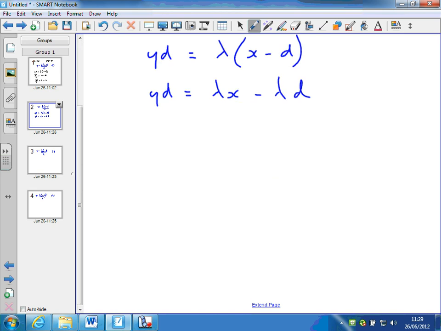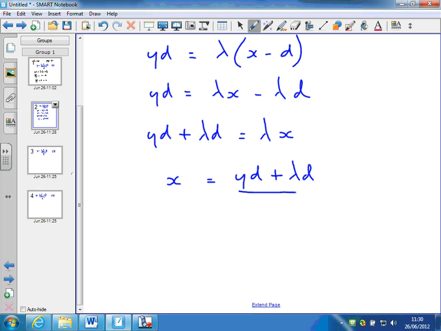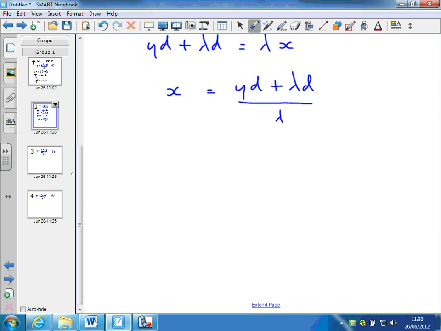So carrying on, I would add lambda d to both sides. So yd plus lambda d equals lambda x. And then I divide both sides by lambda and rewrite it with x on the left-hand side. So x equals yd plus lambda d over lambda. Looking at the top, we can see that in fact d is common to both, so that could come outside a bracket.